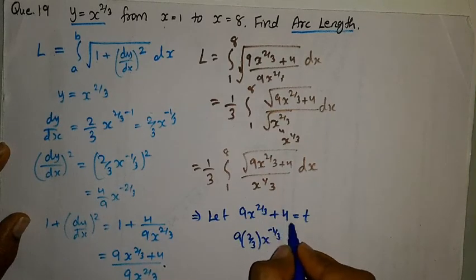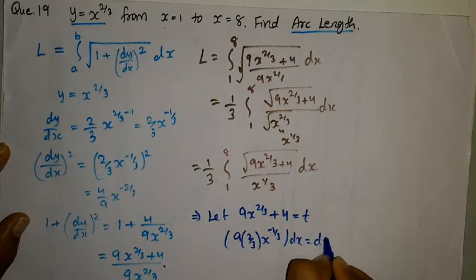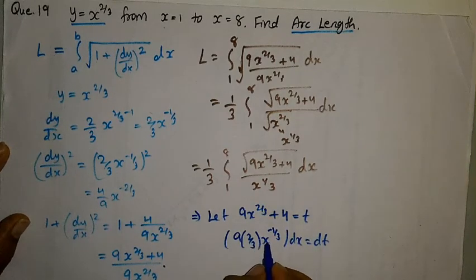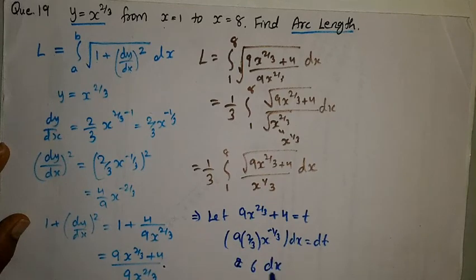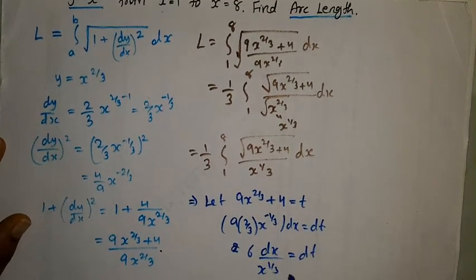The derivative of 4 will be 0, into dx is equal to dt. So what we got here is 2 into 3, it will be 6 dx upon x raised to 1 by 3 is equal to dt. 6 into dx upon x raised to 1 by 3 is equal to dt.